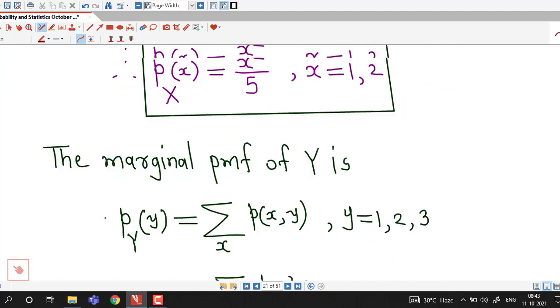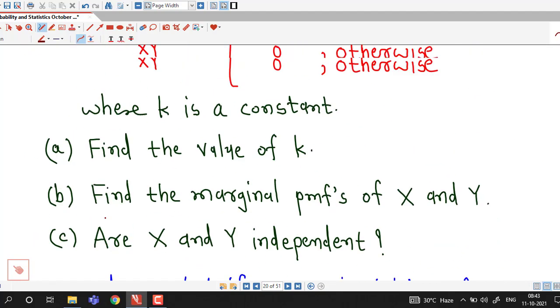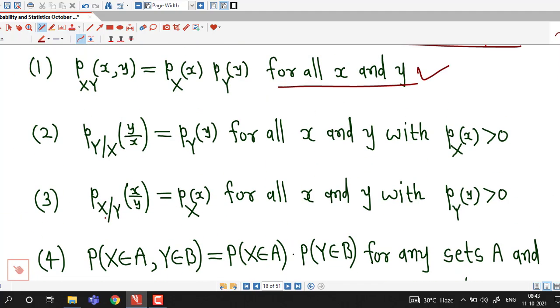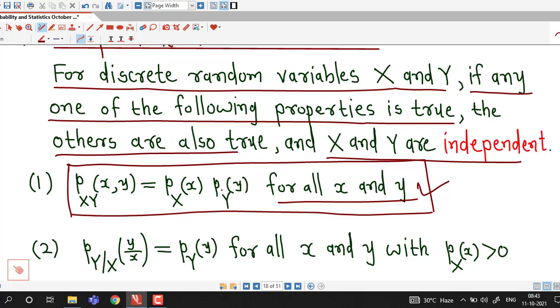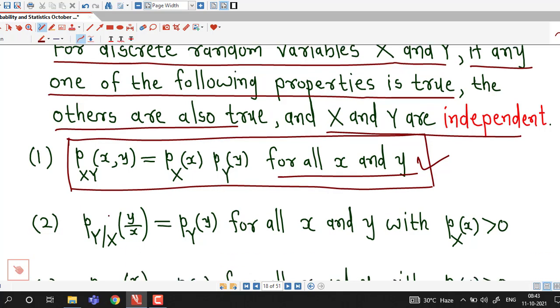So there are several definitions for the same concept of independent random variables. You can use any one definition. I have written these 5 properties which are different definitions for independent random variables. The first one: x and y are independent if P of xy equals px into py. The second one: the conditional probability of y given x equals the probability mass function of y, for all x and y where the probability is positive.